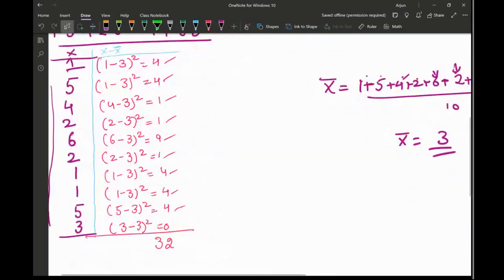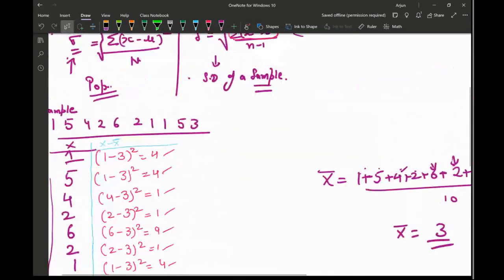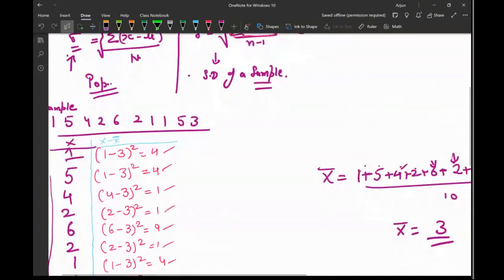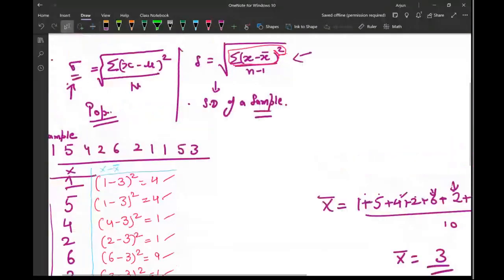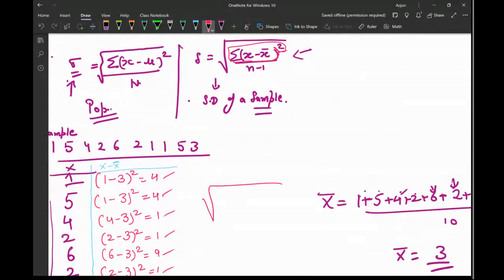Now in the next step, I'm going to put them in this formula and get the answer. So this value comes out to be square root of 32, because this value, as I calculated here, is the sum of the squares. So this is what we've just calculated, and this is 32.